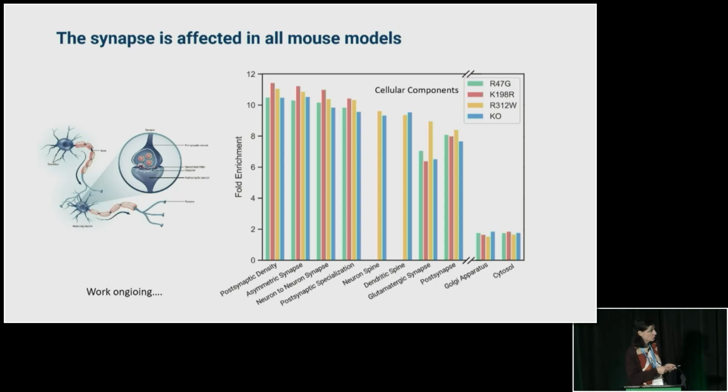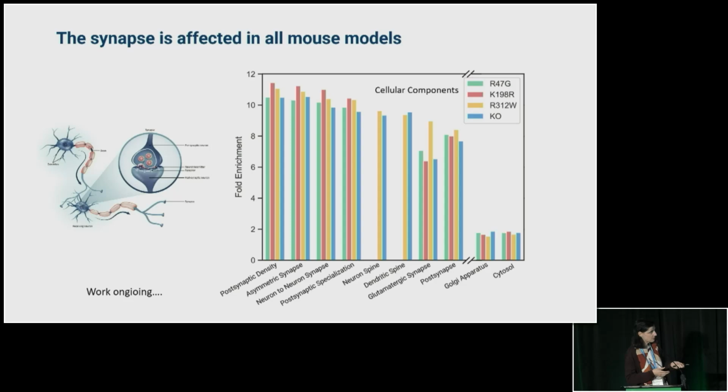And very clearly, the top candidate that we see, not only in the 198R mouse line, which is shown here in red, but also in the three additional mouse lines that I introduced in the beginning, is that they all converge onto this synaptic compartment in the neuron.